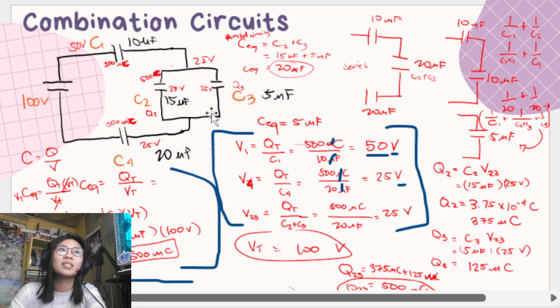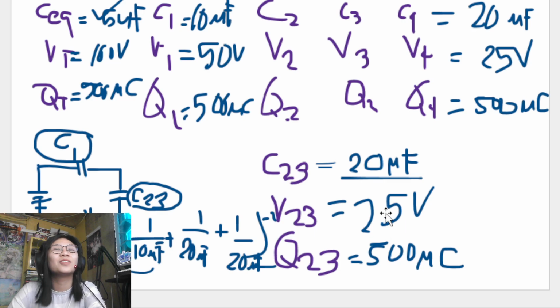Of course, the voltage of V23, which is 25 volts, since it is the combination of 2 and 3. Therefore, their voltage also involves V2 and V3. Okay? Therefore, since your V23 is 25 volts, your V2 is also 25 and V3 is also 25.